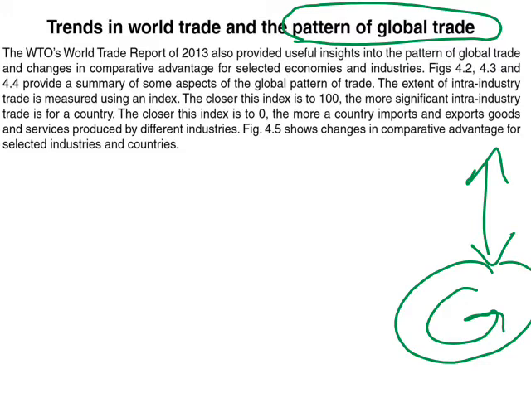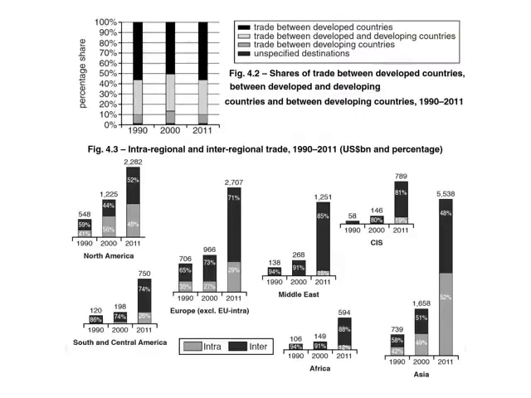And it says figure 4.5 shows changes in comparative advantage for selected industries and countries. So if we have a little look at that data now, this data is showing, to start with, the trade between developed and developing countries over time. The main time frame we've got is from 1990 to 2011 for all of the data, and what you can see is trade between developed countries stays roughly about the same.